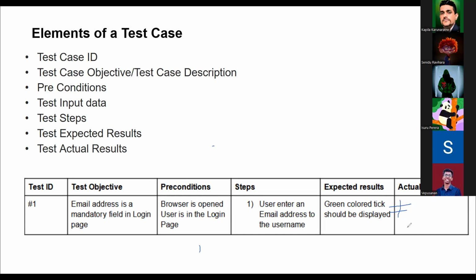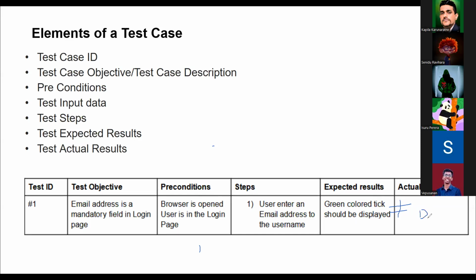So if that's the case, we call it a defect. If you are getting incorrect results that do not match the expected result when executing your test cases against the application, if there is a difference between expected and actual results, we call it a defect.